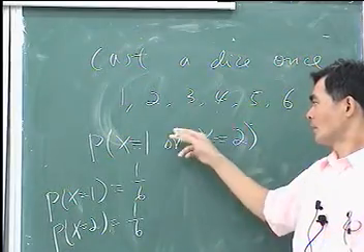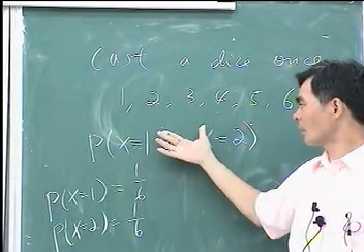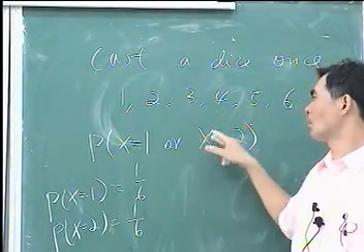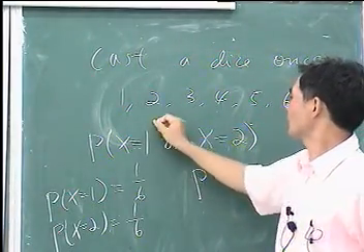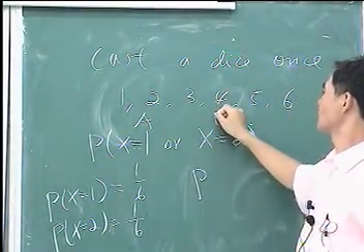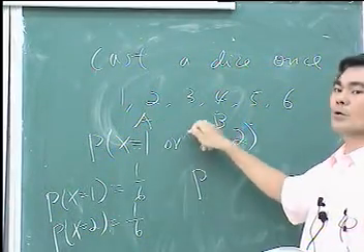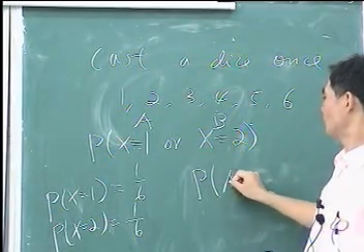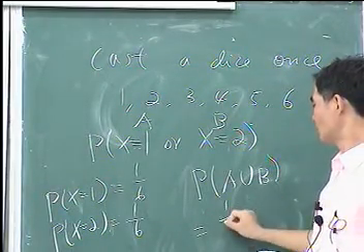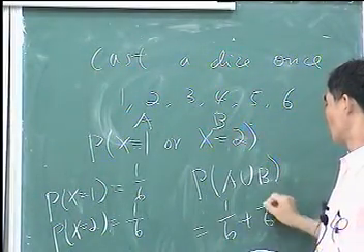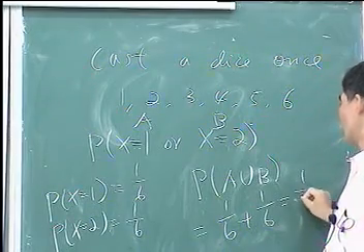If I say I'm interested in this happening or this happening, let us say this is A and this is B. A or B would be A union B, so that would be 1/6 plus 1/6, which is 1/3.